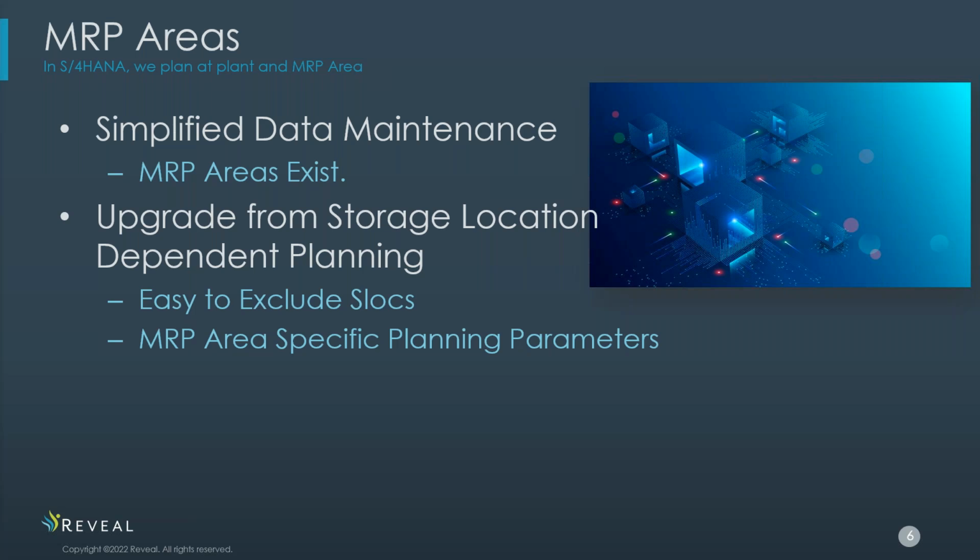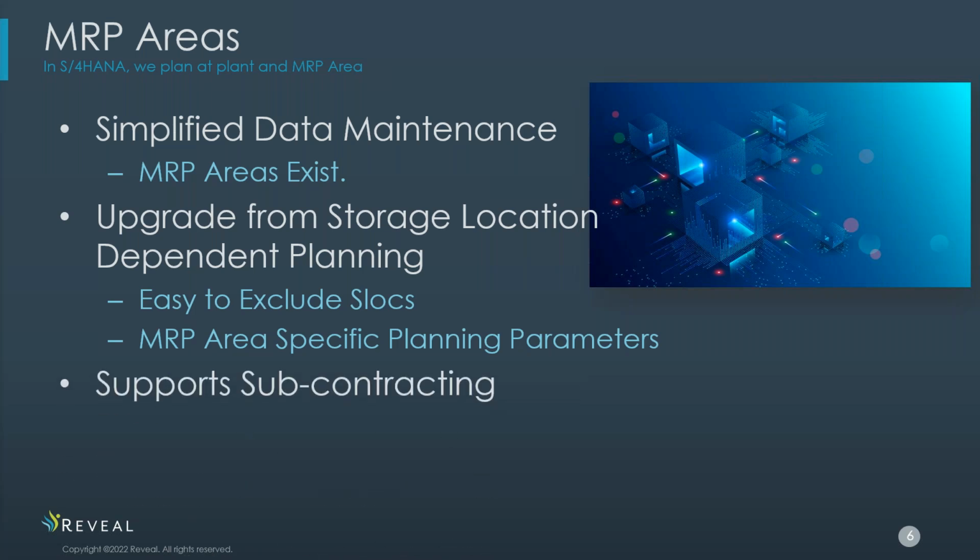It's being able to have that independent planning parameter for that particular MRP area. It's going in and being able to customize the way that we're handling replenishment. And then also the ability to easily see and transfer those requirements back and forth from one MRP area to another. So that is very, very powerful.